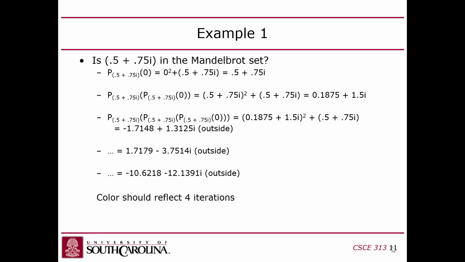Okay, it doesn't look like it, but that value is actually outside of the radius 2 circle. That value right there disqualified this thing from being in the Mandelbrot set. And if you keep going, it just gets worse and worse. By the 4th iteration, it's negative 10, negative 12, right? Is everyone with me?